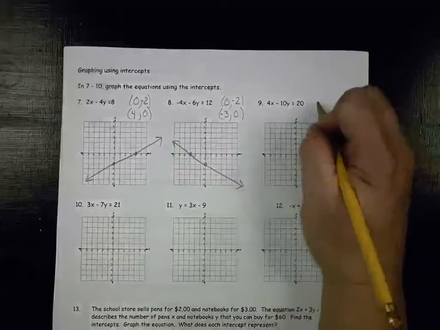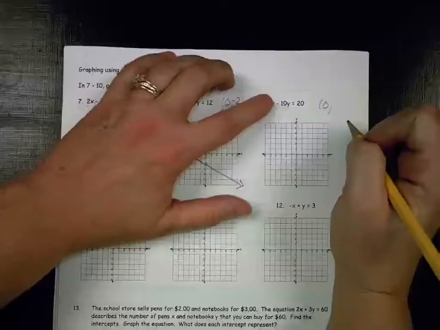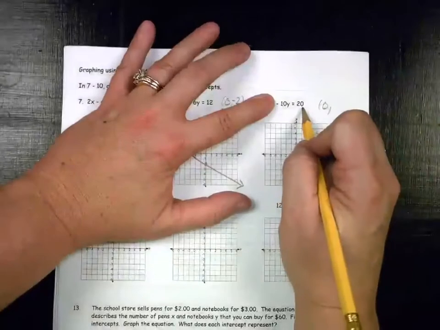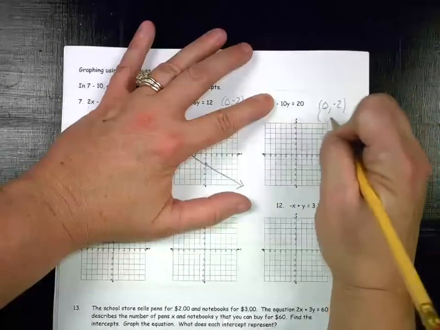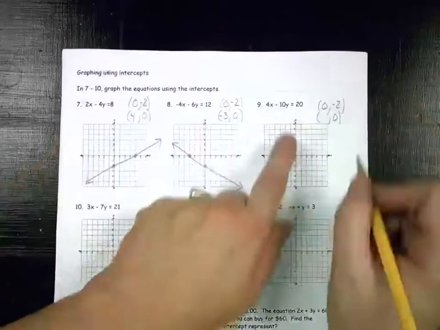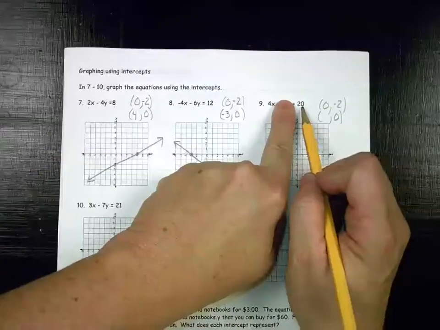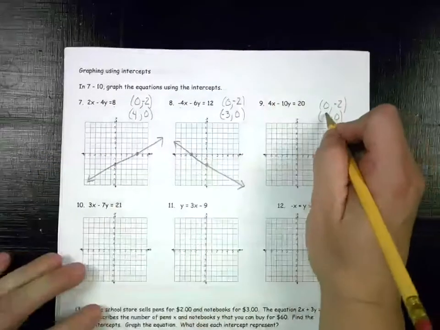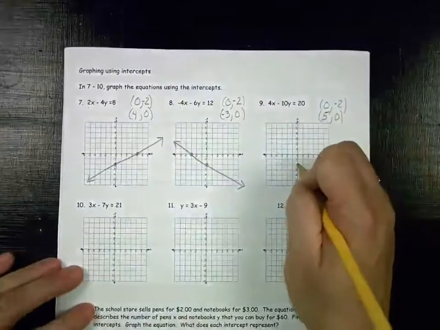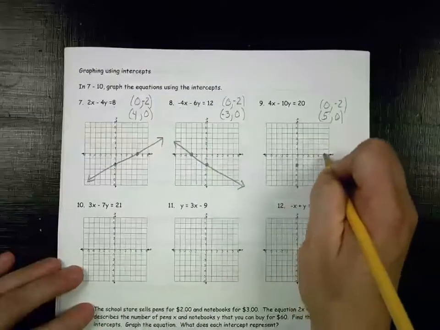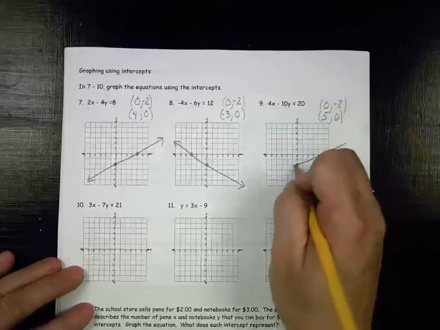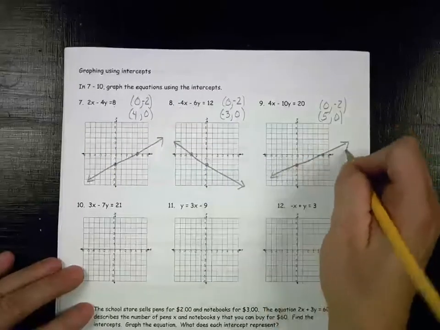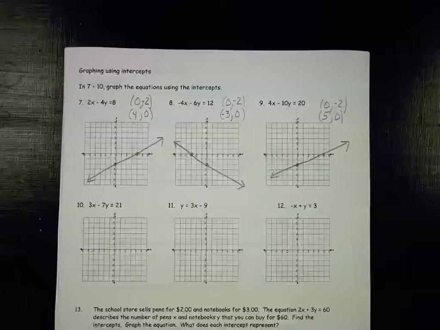Number 9, if x is 0, 20 divided by negative 10 is negative 2. And if y is 0, 20 divided by 4 is 5. (0, -2), (5, 0), and your line looks like that.